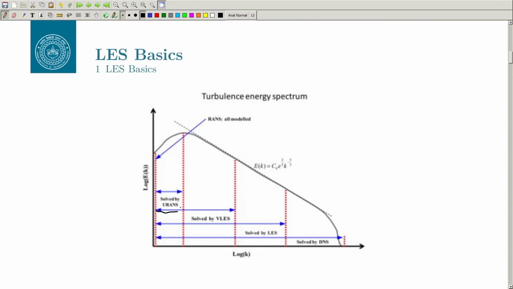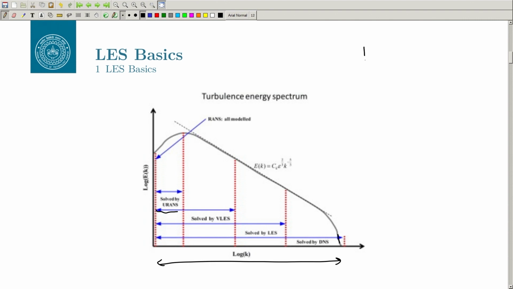So if the mean flow has a certain time scale involved, that can be resolved using the URANS approach. The other extreme is DNS, where you can resolve the entire spectrum from this end to this end, and at every wave number you can find out the energy. In between is your LES.